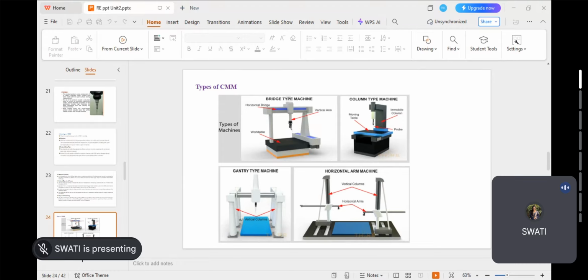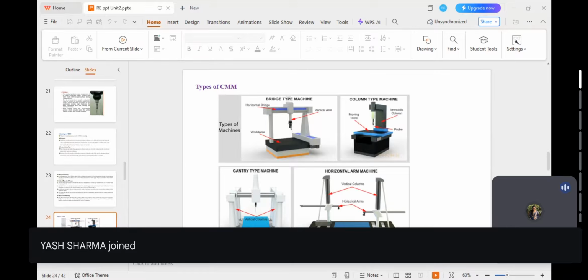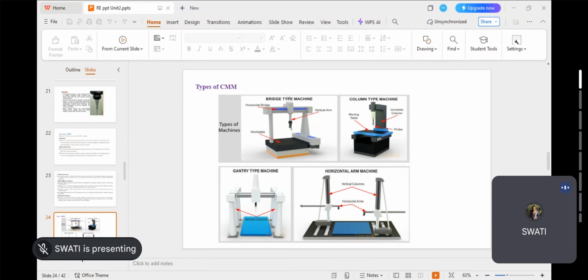Okay, because they are asking in terms of relativeness. They are not asking when you can use bridge type or gantry type. Obviously if you compare these two, you will give the answer gantry type, but bridge type is also used for large components.